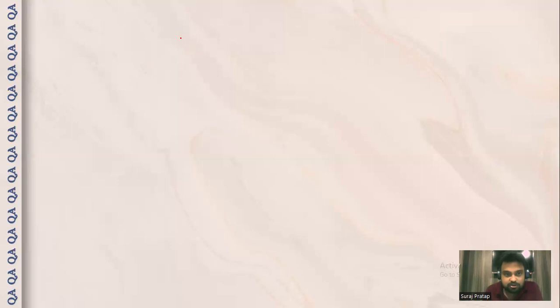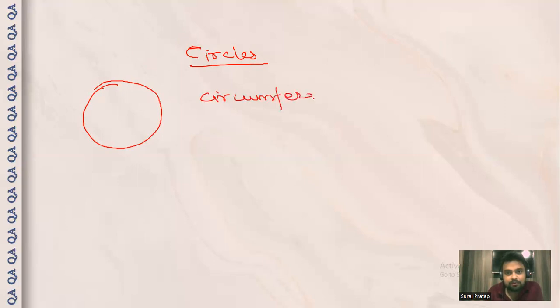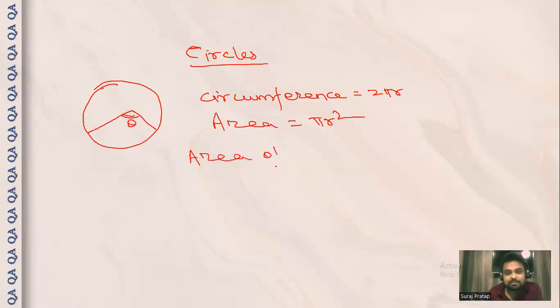So the topic is circles. The first concept: this is your circle, right? The circumference is 2 pi r, and the area of the circle is pi r square. And if we consider any arc, if this angle is given as theta, the area of this arc will be theta upon 360 into pi r square.